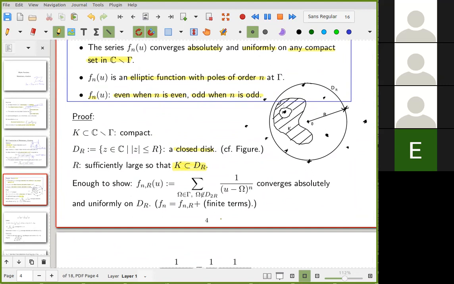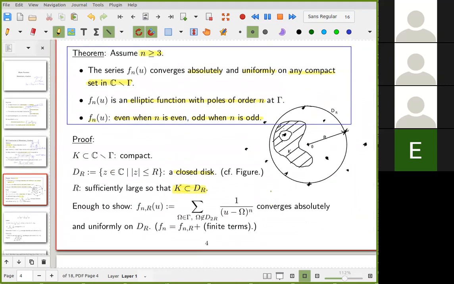So let's prove absolute and uniform convergence on this disk, which includes K. And if it is proved, then of course on the subset K, it should converge absolutely and uniformly.